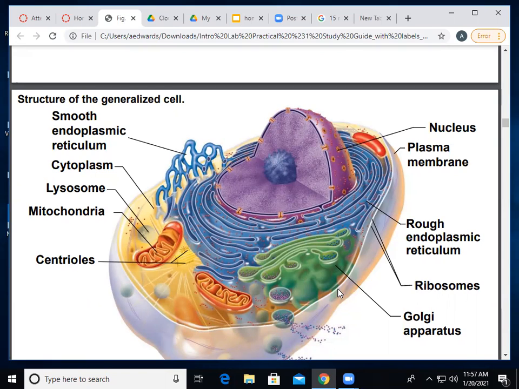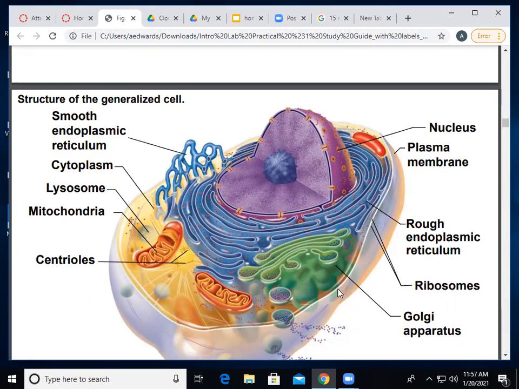Cytoplasm is just the fluid that all the organelles live in. Lysosomes basically break stuff down. They have enzymes. They're little chemicals that eat stuff up.